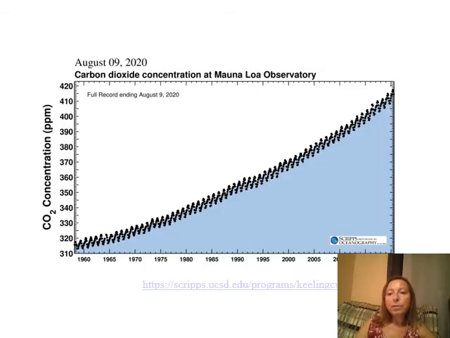So these measurements from the Mauna Loa Observatory in Hawaii tell us a story of changes of the CO2 concentrations since the 1960s till today. In fact, you can go to this website yourself and check the full record from the observatory till the present day. Here you see my slide that I downloaded August 9th, but these data are available daily.